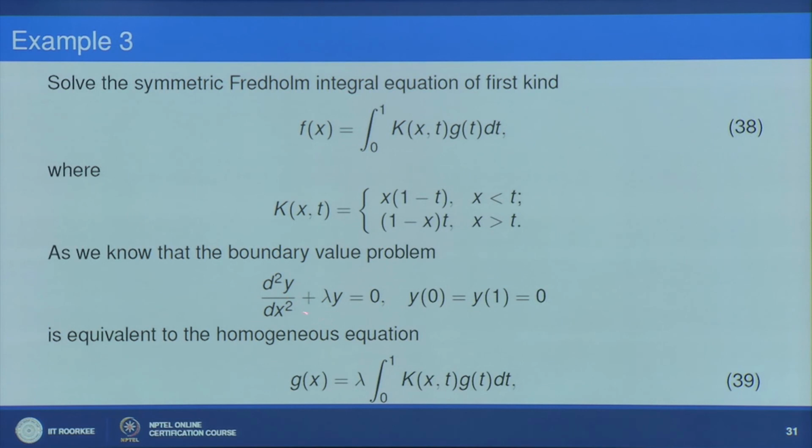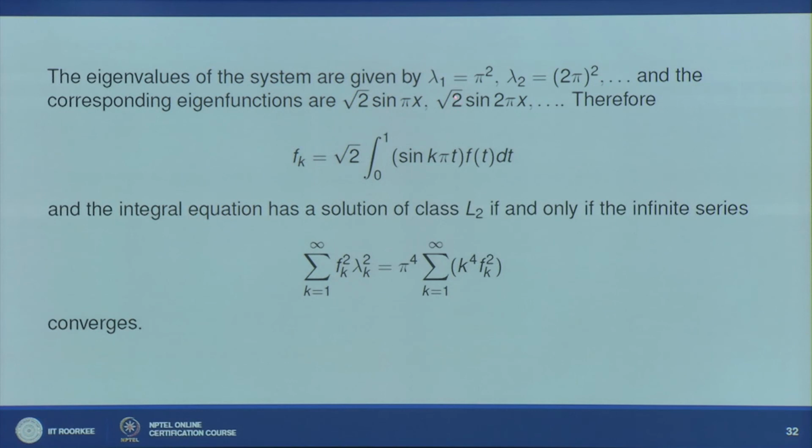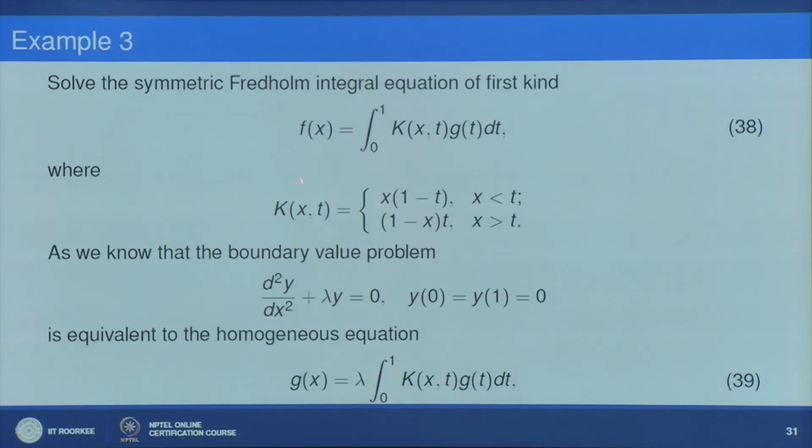I think this is quite a simple problem, and in this case your lambda_i are simply n pi whole square, and the corresponding eigenfunctions are root 2 sin pi x, root 2 sin 2 pi x, and root 2 sin n pi x. So it means that corresponding to this kernel, look at the eigenvalue problem, g of x equal to lambda times the integral from 0 to 1 of k of x,t g of t dt, and this is equivalent to the boundary value problem here.